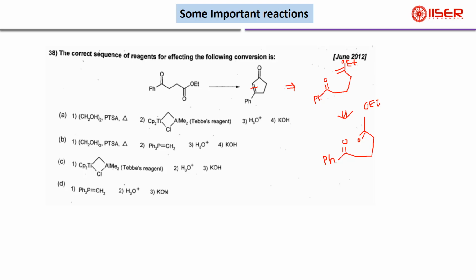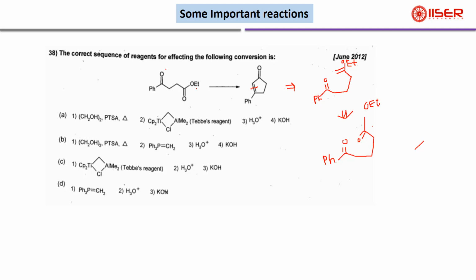If we perform Wittig reaction, there is a possibility of Wittig formation at this step, but we want olefination of the ester. So for that, we will just protect the aldehyde group.